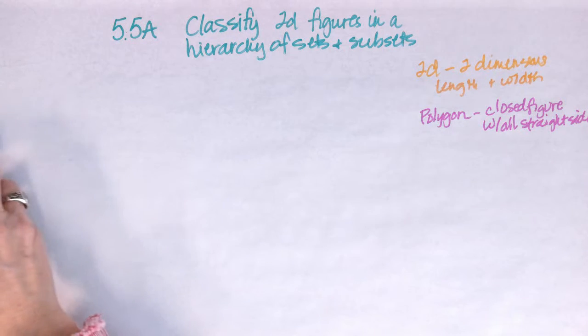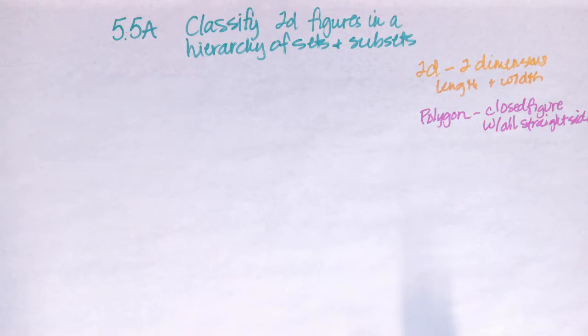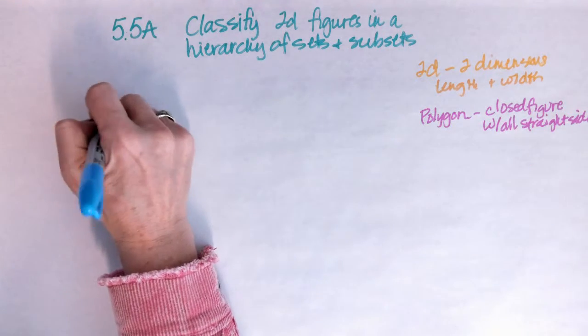So within those 2 big overarching topics, we are going to talk about quadrilaterals and triangles, and there are some key things about both of those that we have to watch for with kiddos. So let's start with some key terms for quadrilaterals. One being a parallelogram.